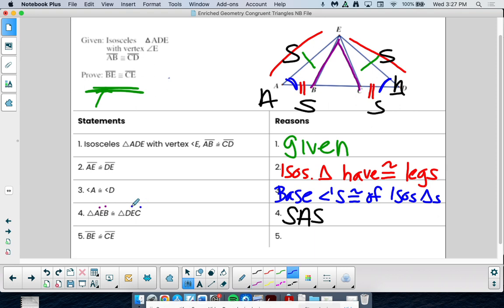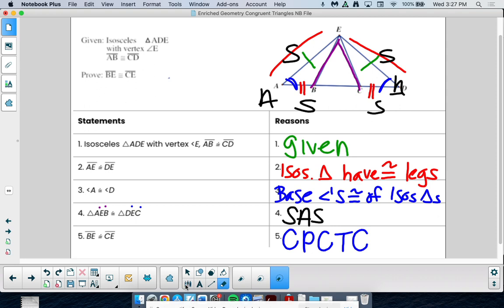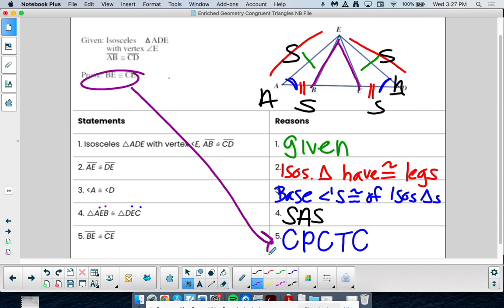CE, last and middle. If I look at my picture, they're in the matching spots. So those are corresponding parts of congruent triangles that are congruent. CPCTC. So like another thing to think about, if you're ever just trying to show that parts are the same, you automatically know this is your last step no matter what. Always, always, always. That's the only way to get there.